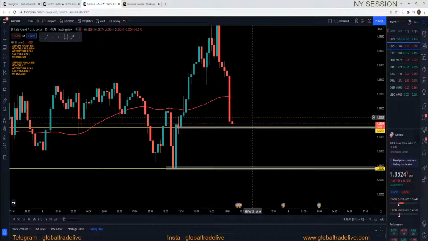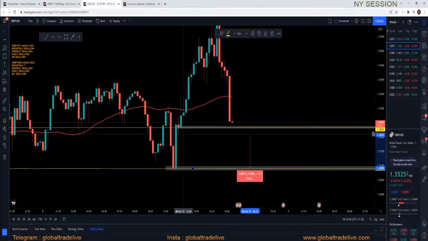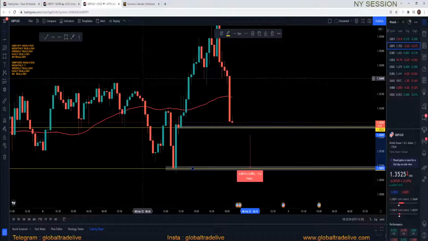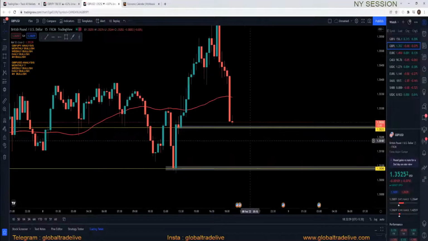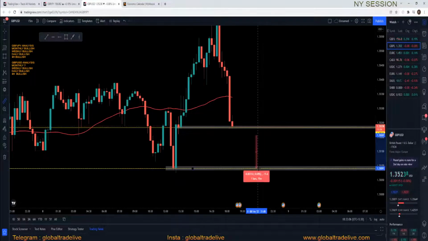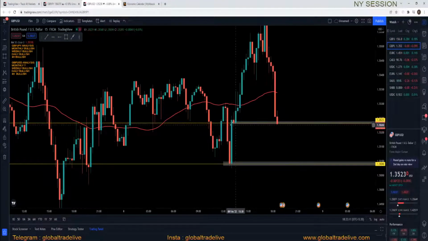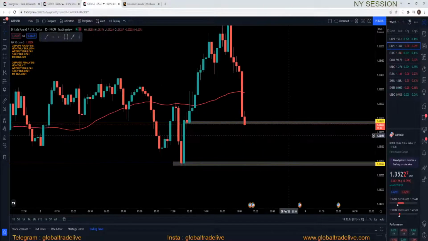Even if it just goes down, the range is also not good. 11.6. Yeah, but by looking at this clean candle, yes, there can be a good trade over here.